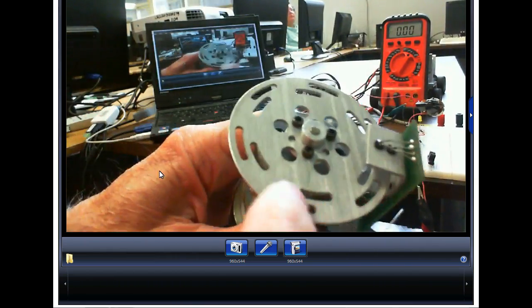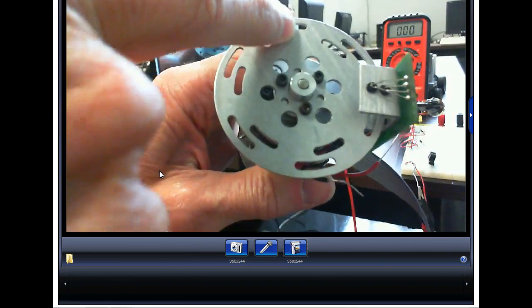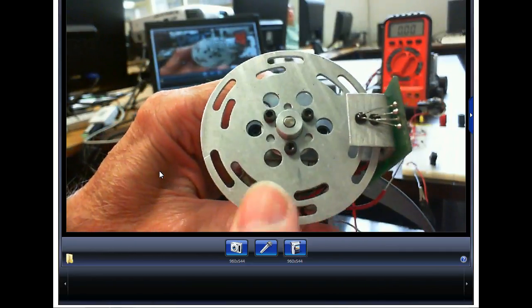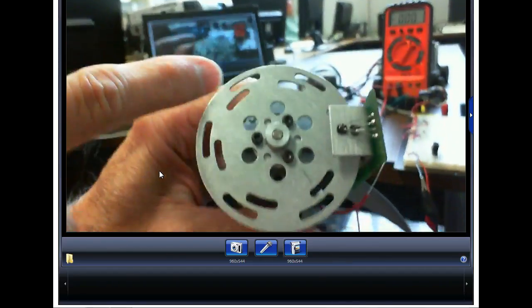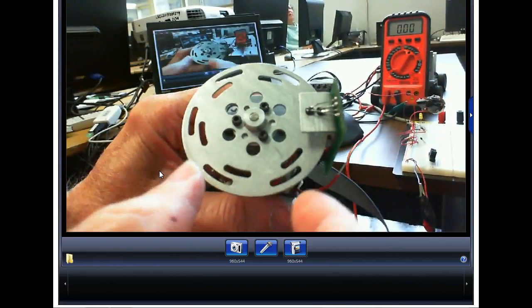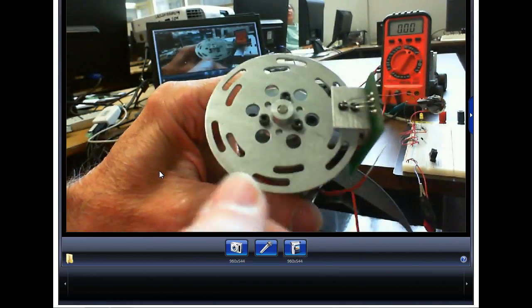Now what they did is they actually put two encoder notches in here, and then it had two sensors mounted vertical instead of horizontal. And what happens is when the encoder turns in this direction, the sensor hooked up to this one would give us a pulse first, and when it turns in the other direction, then the other sensor would give us a pulse.